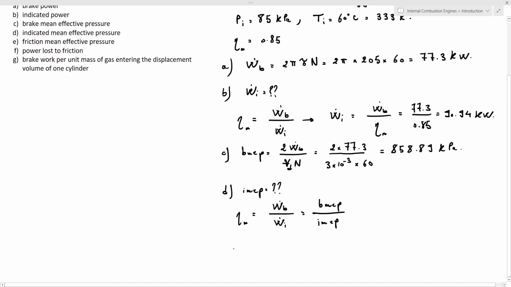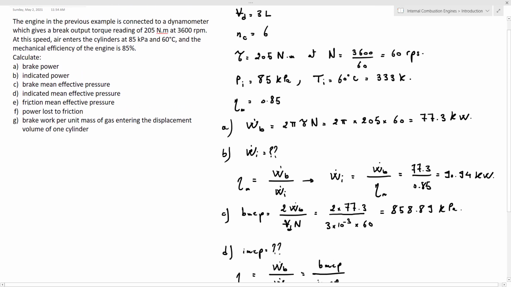So we can calculate the IMEP from knowing the mechanical efficiency and the BMEP. So the IMEP will be the BMEP divided by the mechanical efficiency. So 858.89 divided by 0.85, which will be equal to 1010.46 kilopascal.